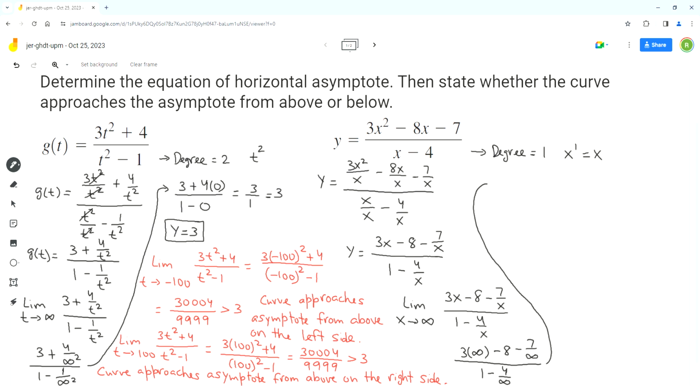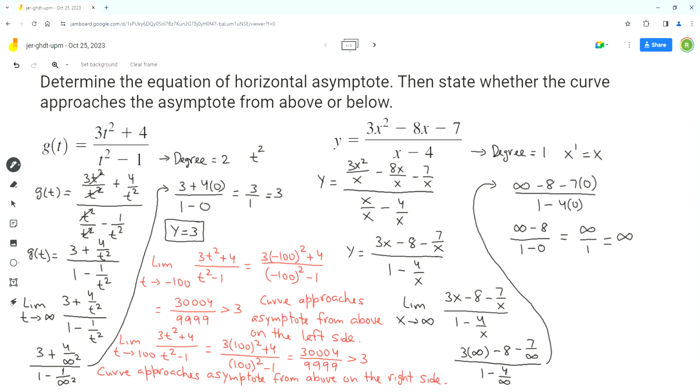Now we can simplify this expression. 3 times infinity is just infinity minus 8, and then 7 over infinity can be written as 7 times 0, because 1 over infinity is equal to 0, over 1 minus 4 times 0. Now 7 times 0 is 0, so we are left with just infinity minus 8 in the numerator over 1 minus 0. Infinity minus 8 is just infinity over 1, which is equal to infinity.